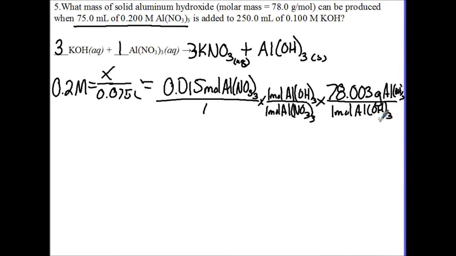Okay. So, multiply the tops, multiply the bottoms, divide the top by the bottom. All the bottoms are 1s, so we get 1.17005.